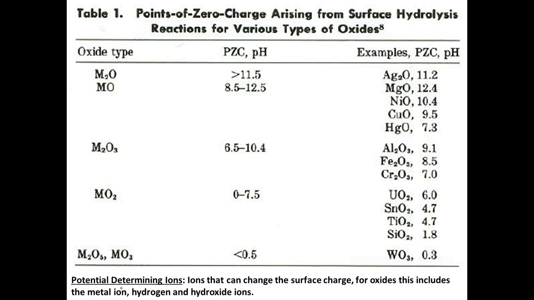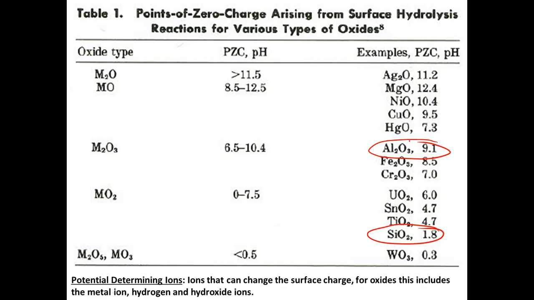So, for example, SiO2 has a point of zero charge of 1.8. Something a little more basic like Al2O3 will have a point of zero charge of 9.1.